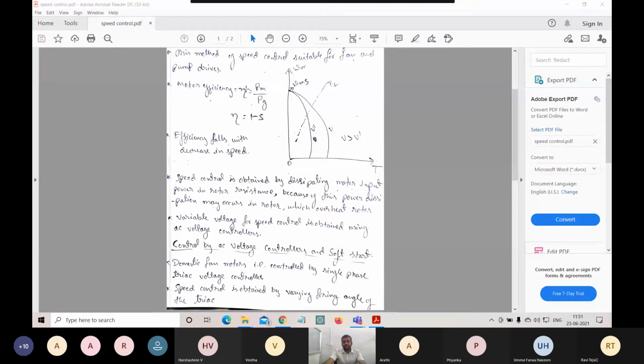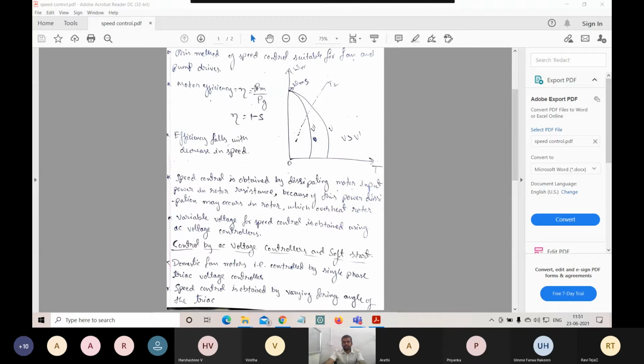So like that, the speed of the motor can be controlled by controlling the input of our motor. The speed is decreased by dissipating motor input power in the rotor resistance.